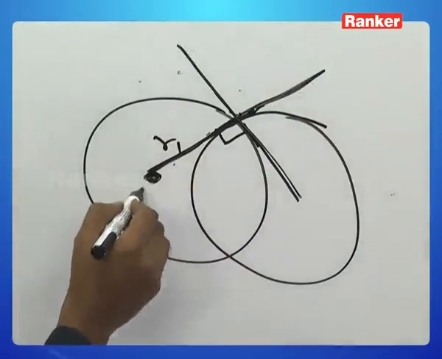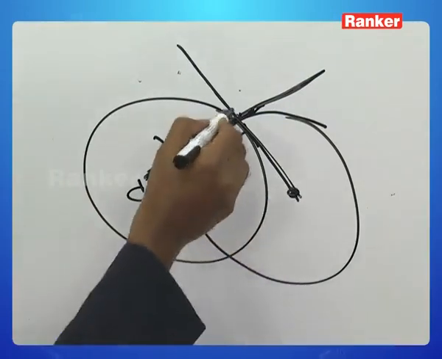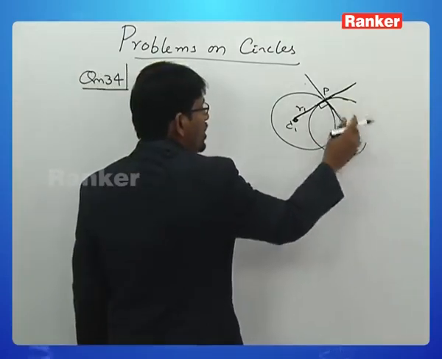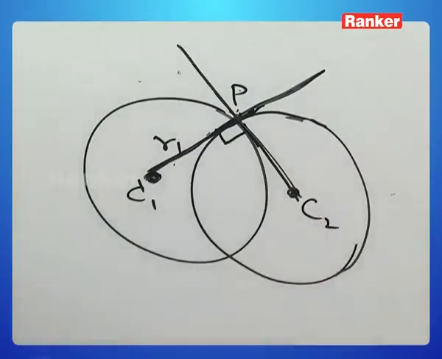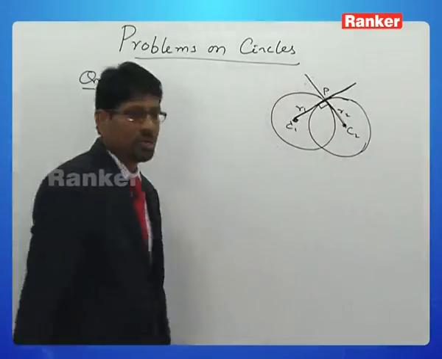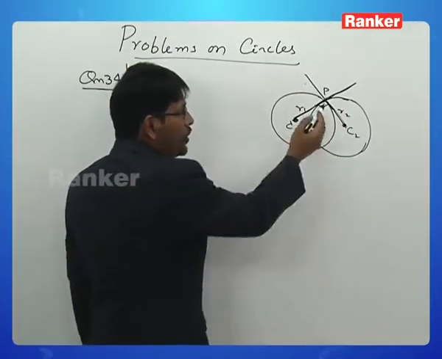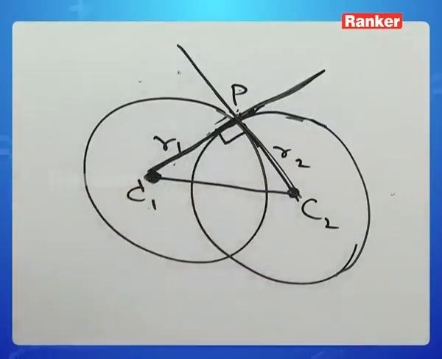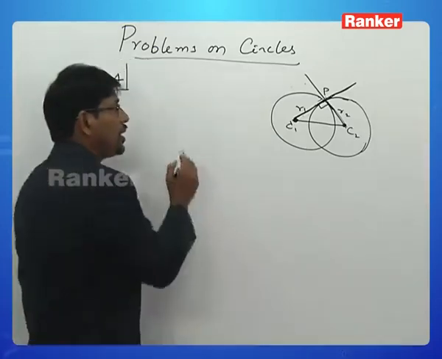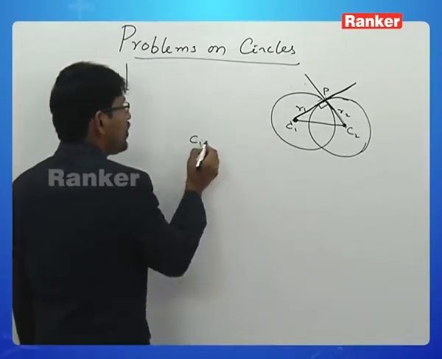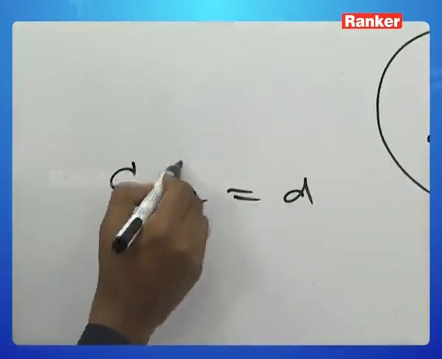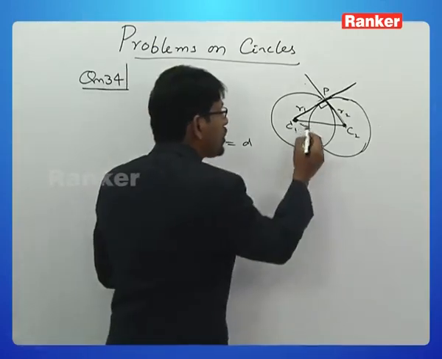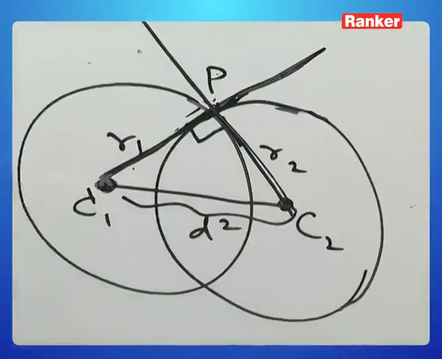What about this? I am joining the center and this point of contact, point of intersection there. What about here? We have C2. Let us say the radius of this is R2. Now when the two circles are intersecting orthogonally, what should happen? The distance between the centers will form a right angle triangle. Means that we'll have C1, C2, if you call it as D, the distance between C1 and C2, then we'll have D squared equal to, by Pythagoras theorem, R1 square plus R2 square.